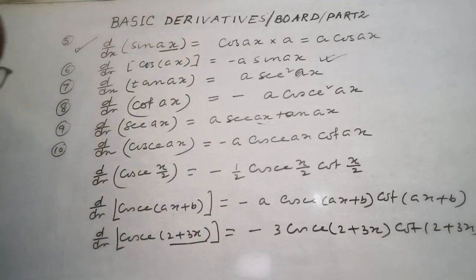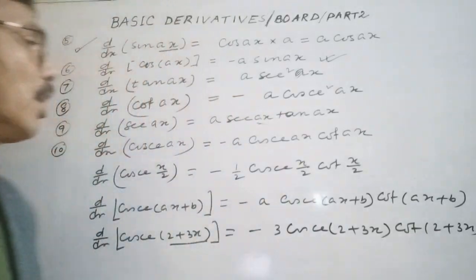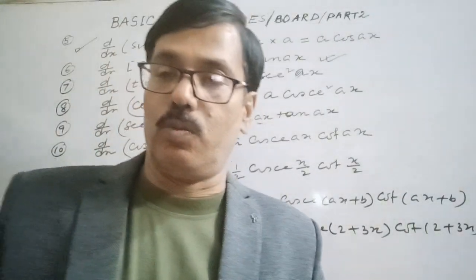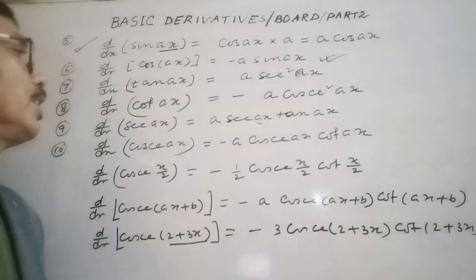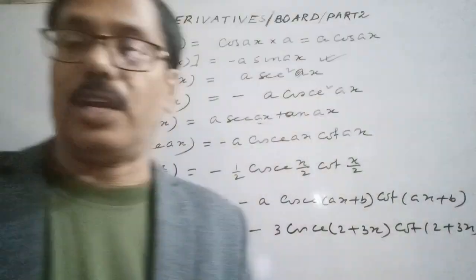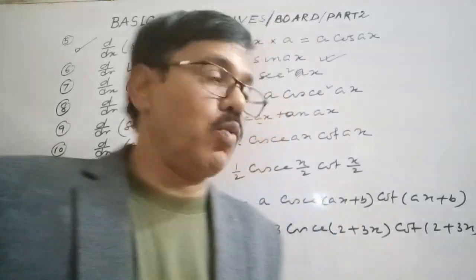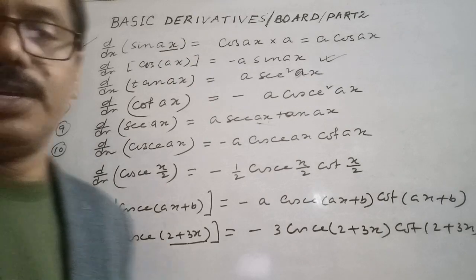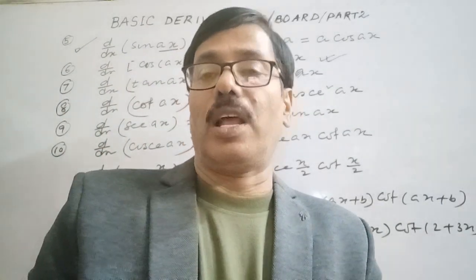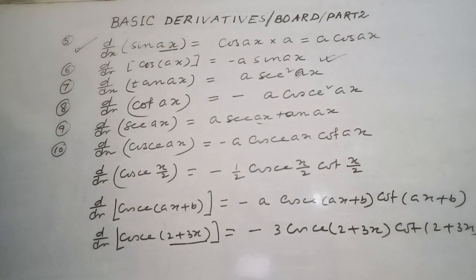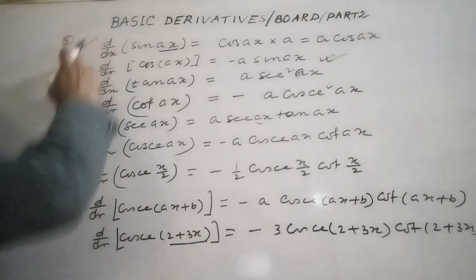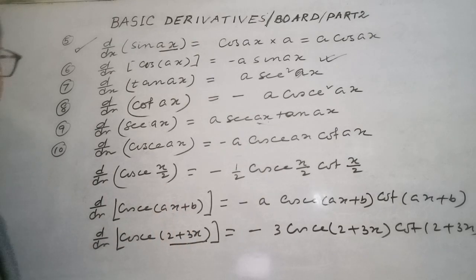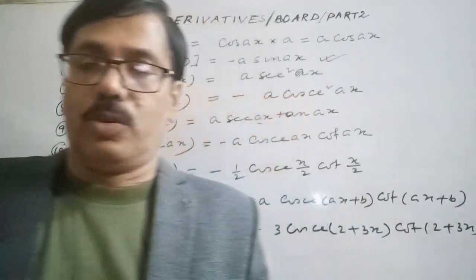The argument is linear. So these are the 10 basic formulae. To find a derivative, you must know these 10 basic formulae. Proof is not required. You can prove it, I have already stated it with the help of the first principle. So you should know these 10 standard basic formulae.